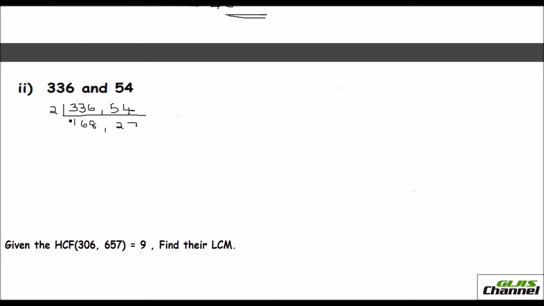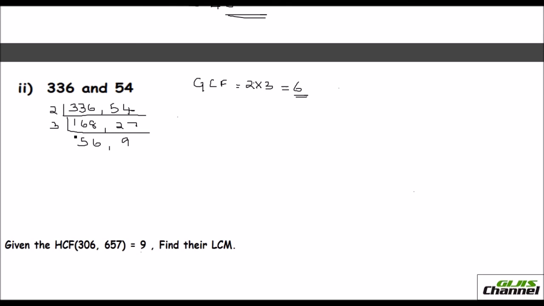Now 168 and 27 will not go in 2, but it goes in 3. The 3 is a common factor. So that is 56 and here it is 9. You don't have any more common factors. So I write my GCF as 2 times 3, because these are the only 2 common factors you've got. So that is 6. Your GCF is 6.